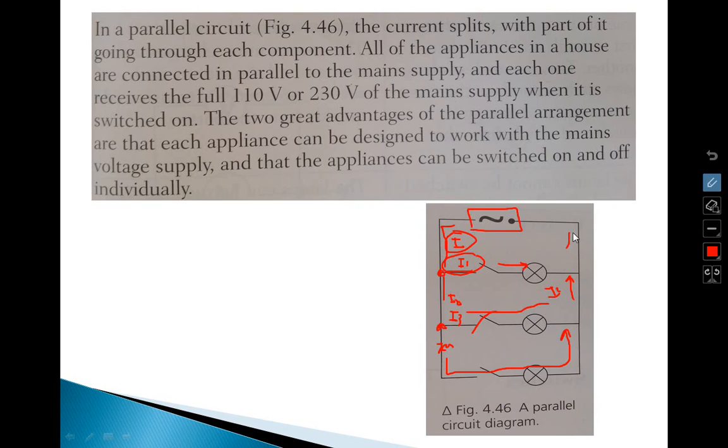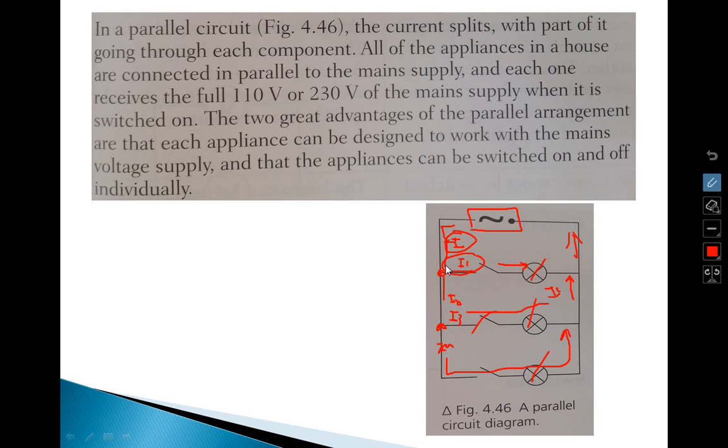We will get what? The same original value I. So in parallel, the current is divided between the components, and the voltage is constant. The voltage is constant, so the current is divided with part of it going through each component.